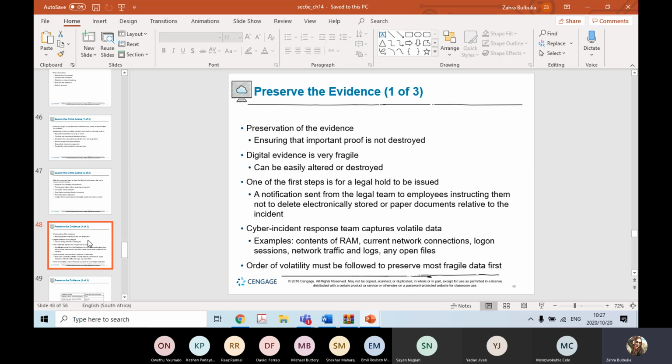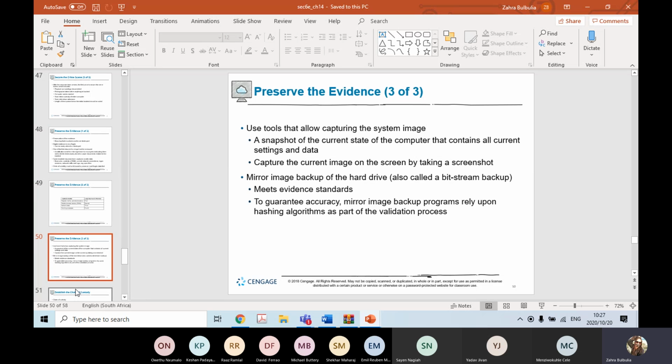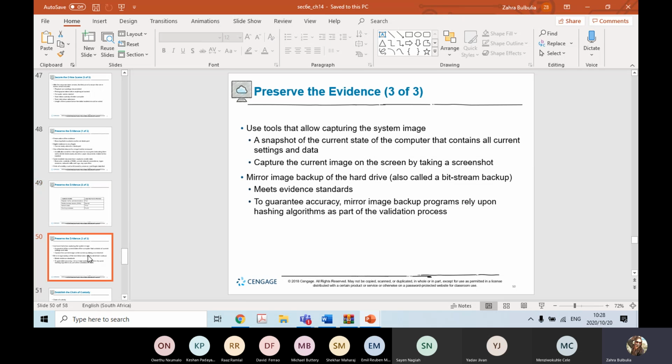In cybercrime incidents, capture volatile data, so the contents of RAM, current network connections, logon sessions, network traffic, and logs. So that's basically what they mean. They tell you exactly what they want in terms of detail to be retrieved: your registers and peripheral memory first, then your random access memory, then your network state, then your running processes.